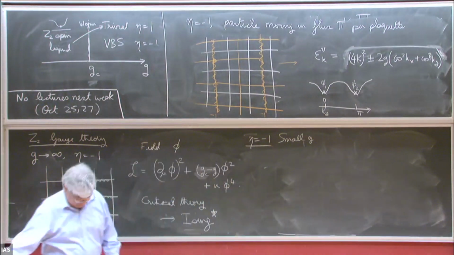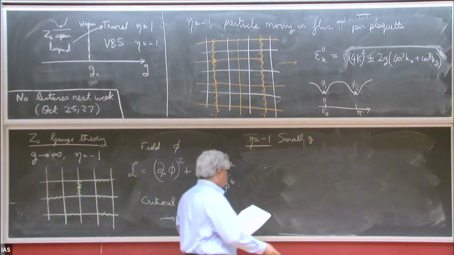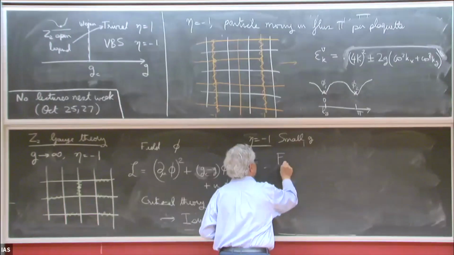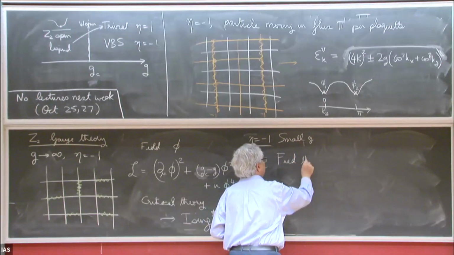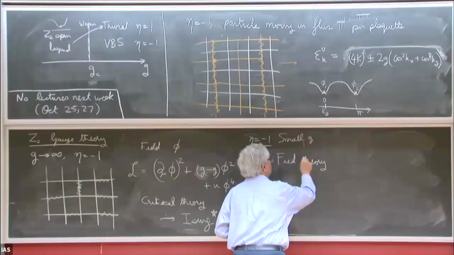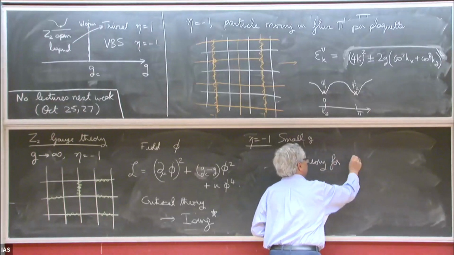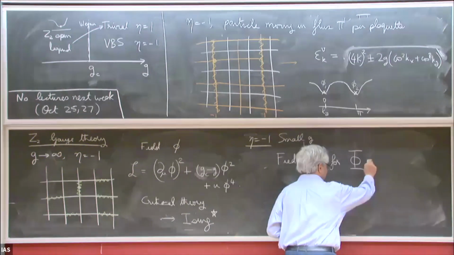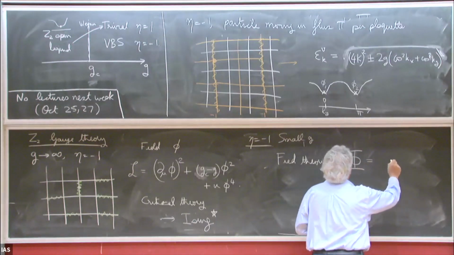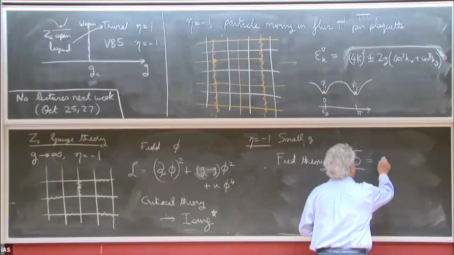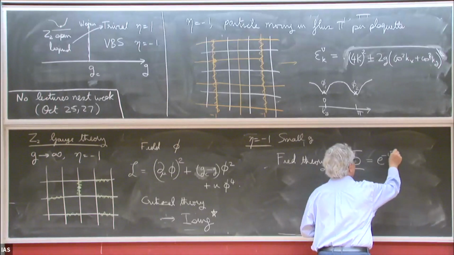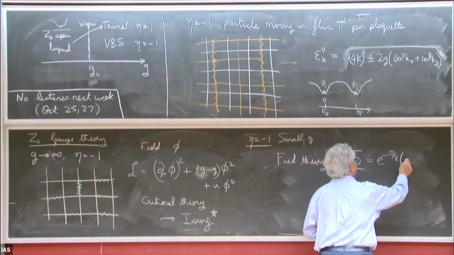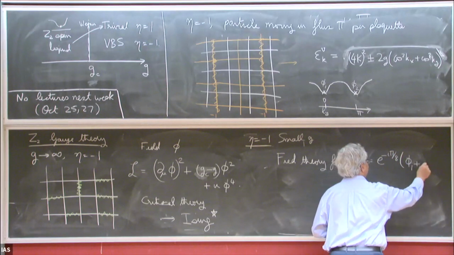Here's the way I've written it in the notes. There's a field theory for a complex field. This is a Z2 gauge charge, but this phi is, there are many ways of defining it, but this turns out to be the most convenient one: e to the minus i pi over 8 times phi1 plus i phi2.